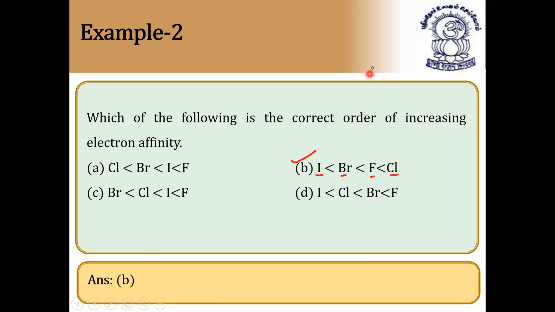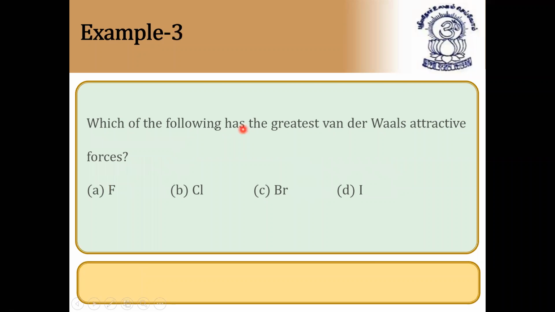Yes. Next question. So please copy down the answers. Next question, question number 3. Which of the following has the greatest van der Waals attractive forces? Since as we go down the group, here iodine molecule contains greatest van der Waals attractive force, because it's very easy to break the bond for iodine.